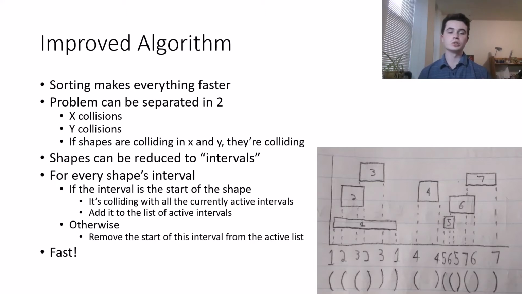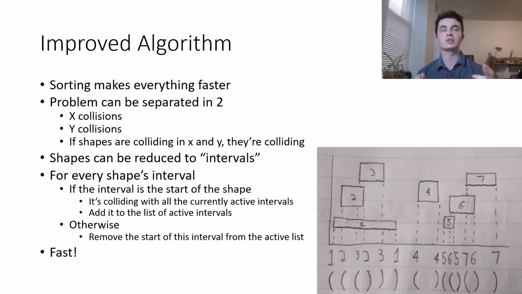Shapes can be reduced to intervals. Intervals have a starting position and an ending position, and we can figure out a way to find out if two intervals are overlapping. And so here's the algorithm. For every shape's interval, in the picture, the intervals are represented with open and closed parentheses. For each interval, if the interval is at the start of the shape, then we know that a new shape has become active.